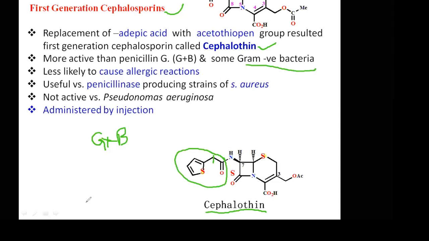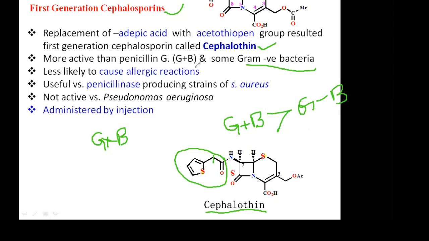So all cephalosporins will have more activity towards gram-positive bacteria than gram-negative bacteria. It's a general statement for first generation drugs.